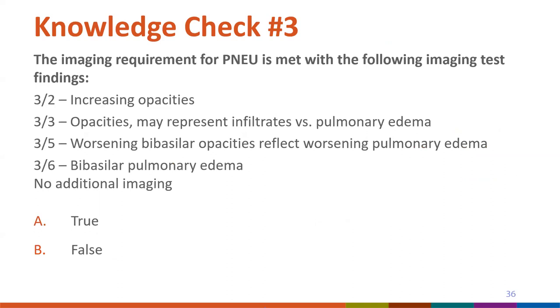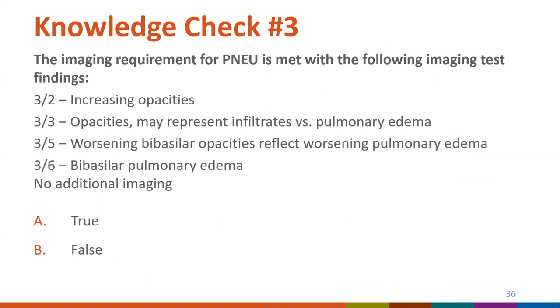And knowledge check number 3. Is the imaging requirement for new met with the following imaging test findings? On March 2nd, there are increasing opacities noted in the imaging test. On March 3rd, the opacities are now noted to represent infiltrates versus pulmonary edema.